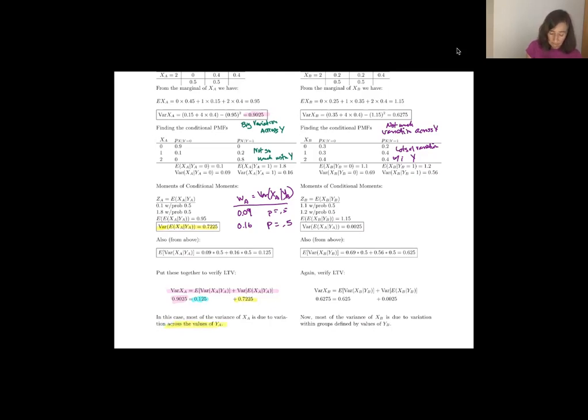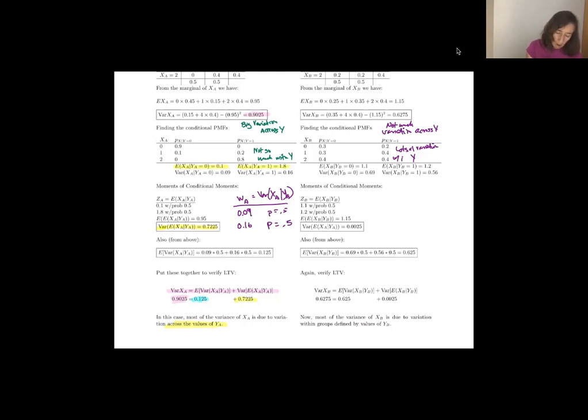The conditional expectation of x, what we think about x conditional on y, has a high variance because it's really different across the two values of y here.